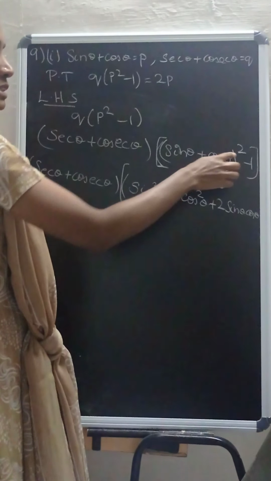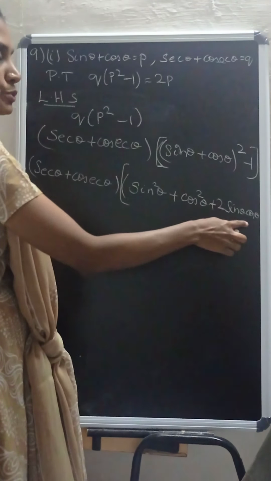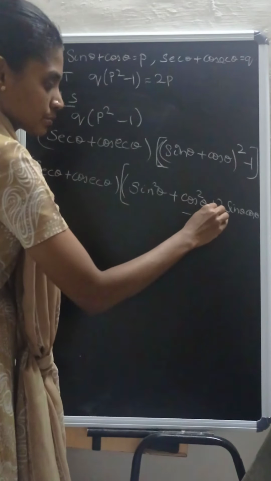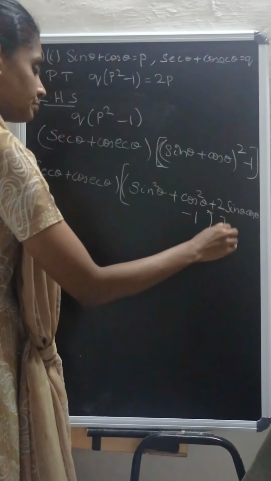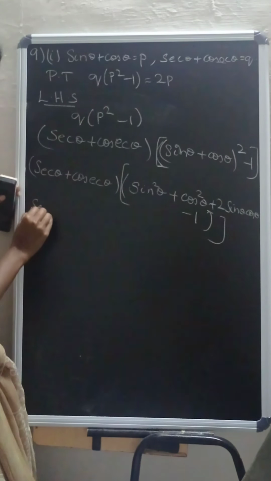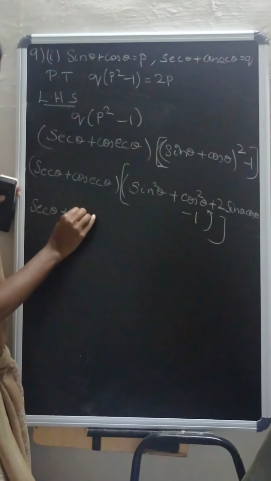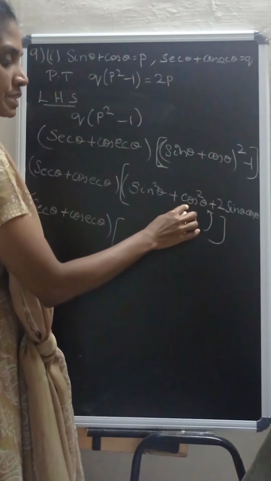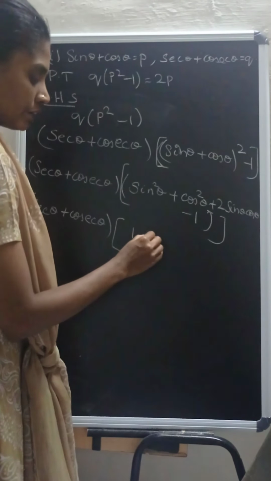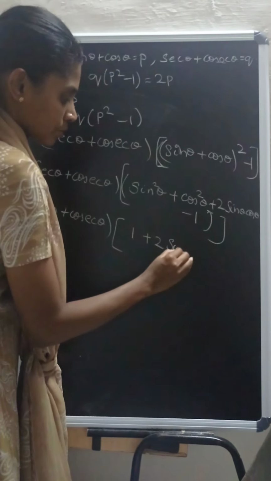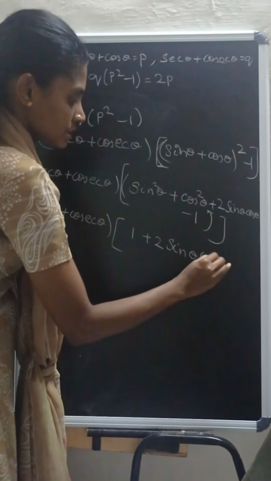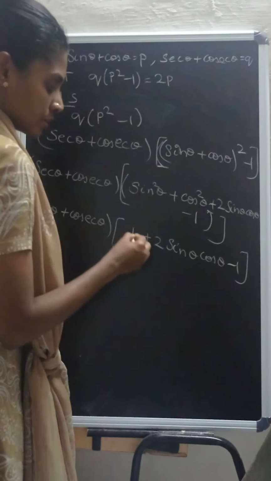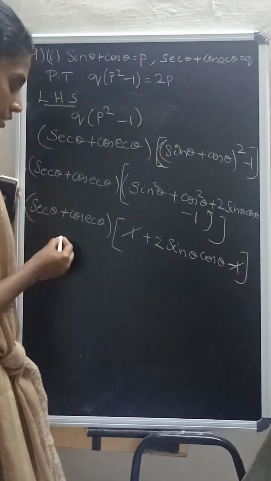A plus b the whole square is equal to a square plus b square plus 2ab, minus 1 you have. Now sin square theta plus cos square theta is equal to 1. You have the identity. Plus 2 sin theta cos theta minus 1. This plus 1 and this minus 1 gets cancelled.